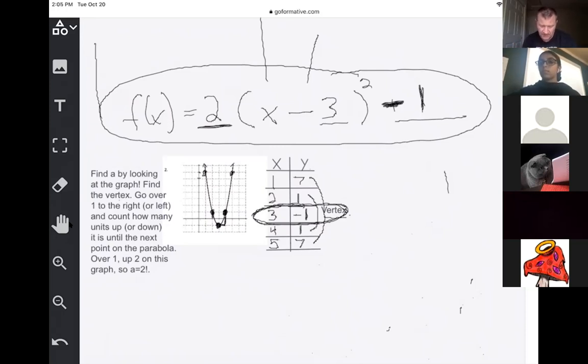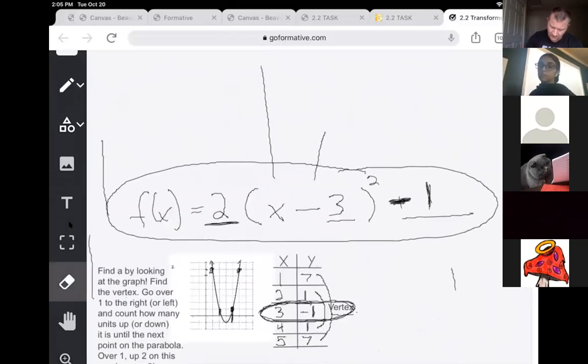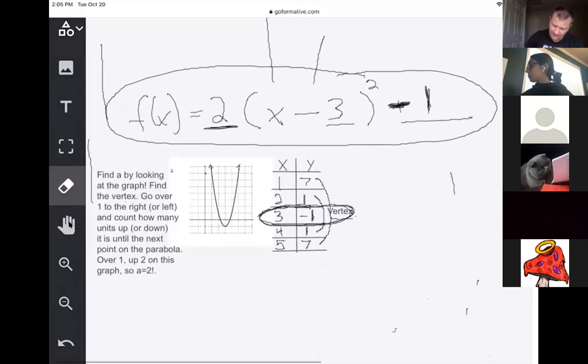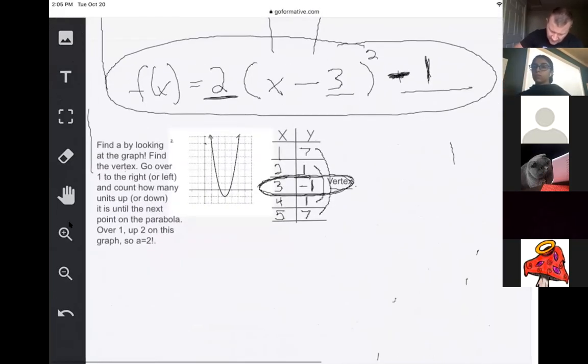Could I explain each part? Absolutely, okay. So first of all, before I start writing anything down, I want to ask myself, where did it move? And you might take this approach when you do the problem. You might be like, all right, where did it go? So I know that it started here.